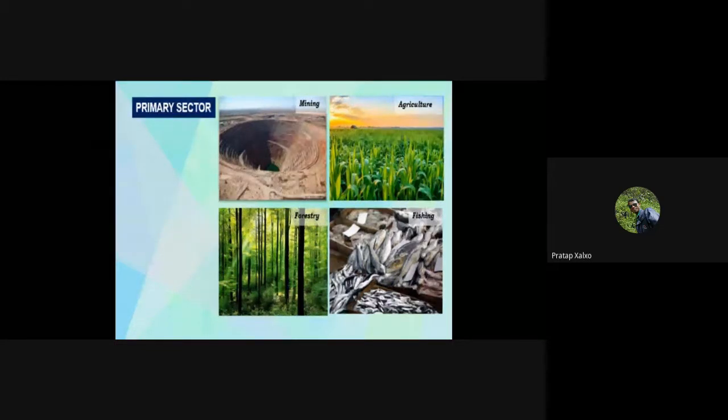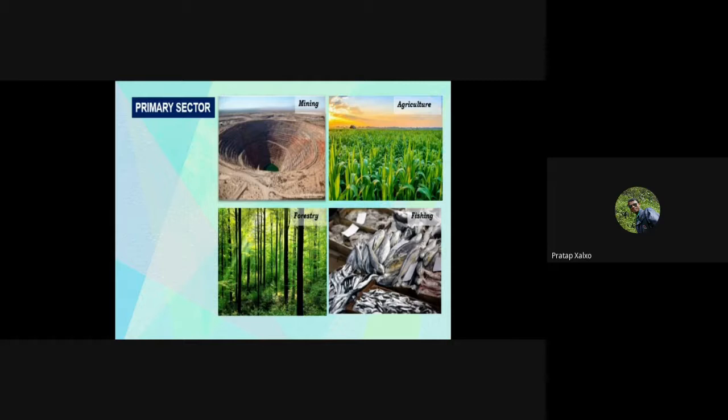In agriculture, we grow different types of crops. In forestry, forest gives so many products apart from the woods, that is timber. In fishing, we can get protein-rich fish.